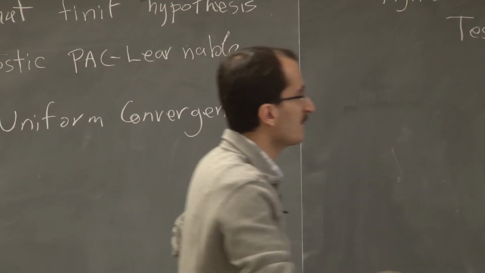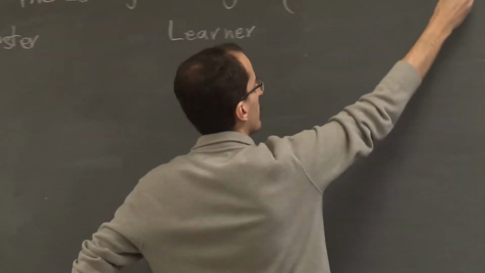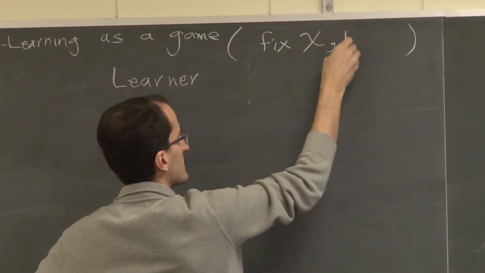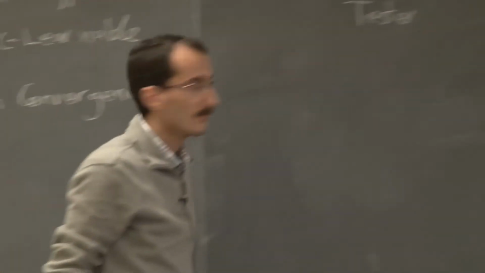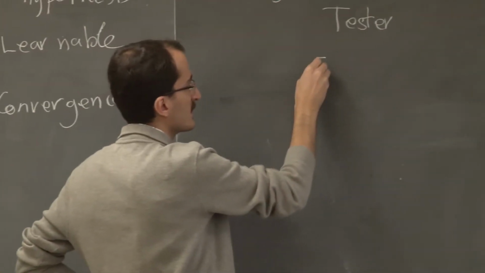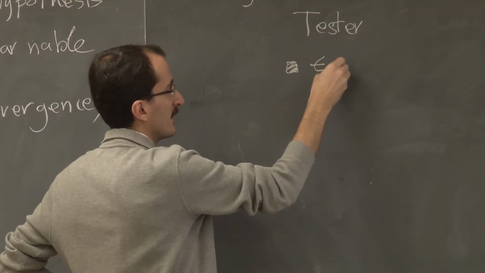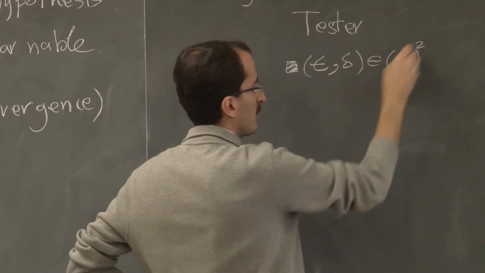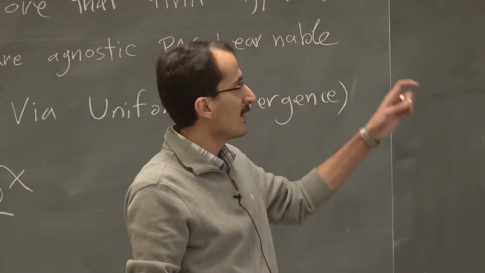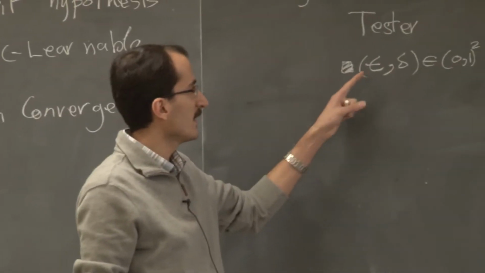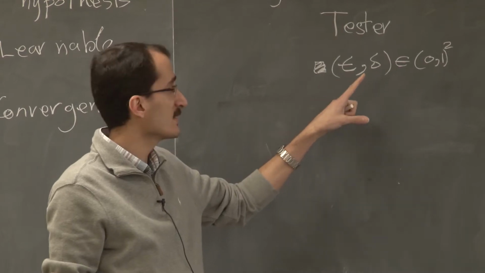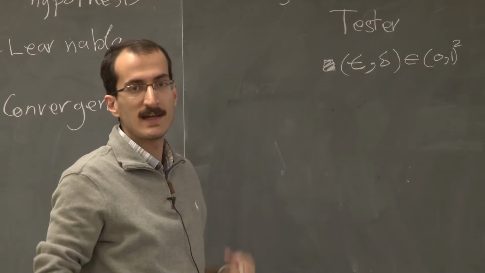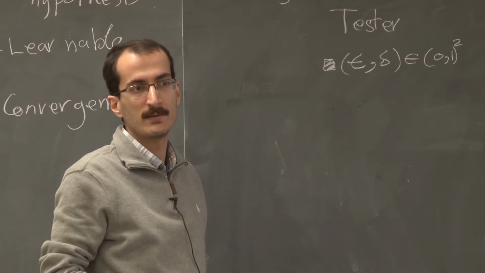So let me fix some hypothesis class here. So fix the domain set X and hypothesis class H. Now the tester picks some epsilon and delta. Each of them are between 0 and 1, and says that I want you, the learner, to be epsilon accurate most of the time. And by most of the time, I mean with probability at least 1 minus delta. So that's our requirement from the learner.